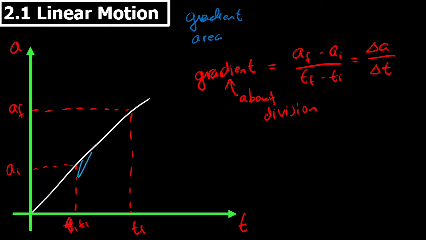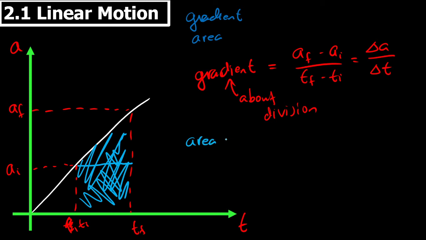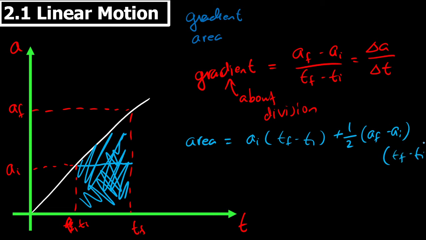And then the second part is the area under the graph. We can calculate the area under the graph fairly quickly from here by splitting them up into two. So the area under the graph in this case is AI times TF minus TI, so it gives us the square, plus half AF minus AI multiplied with TF minus TI.